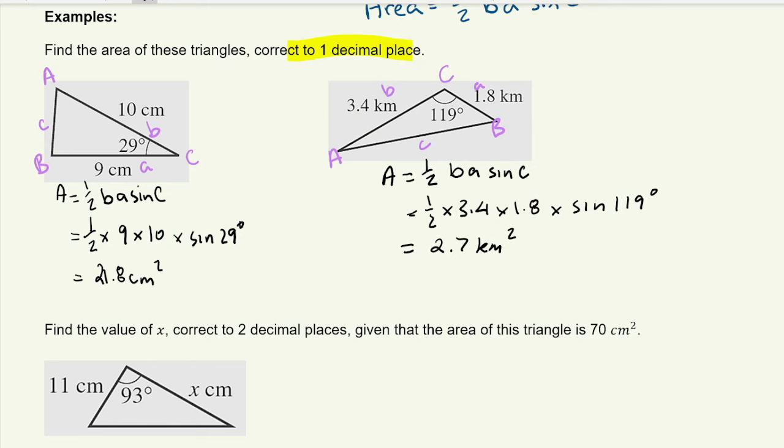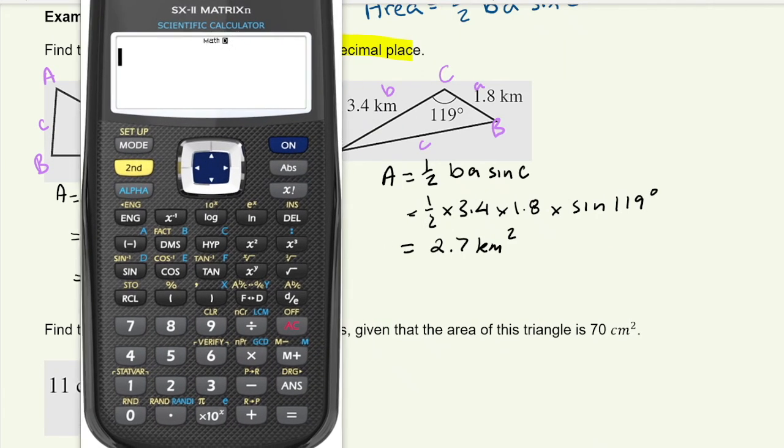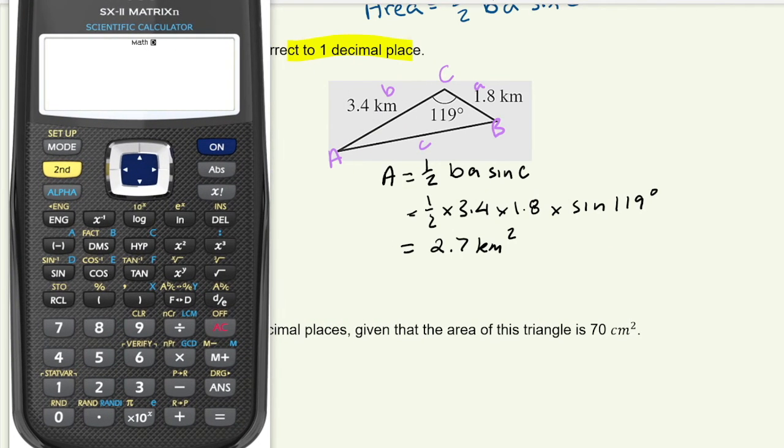Let's see this happen in our calculator. Let's move it out of the way again. So we have a half times 3.4 times 1.8 times the sine of 119 degrees.